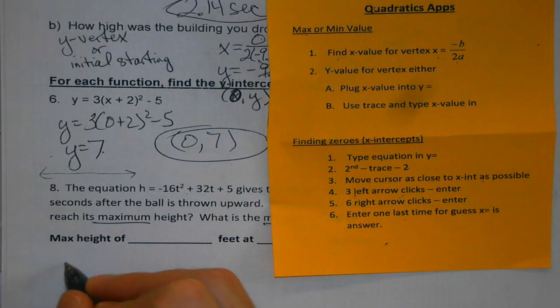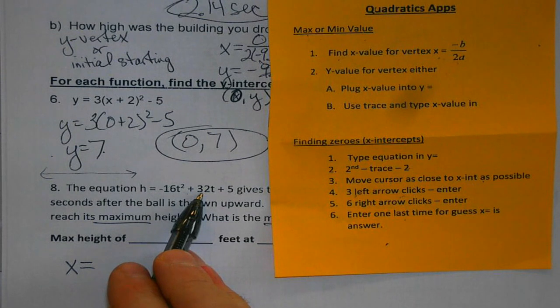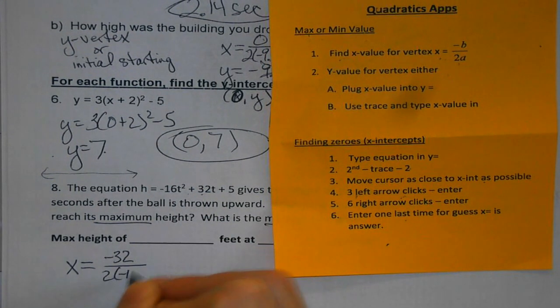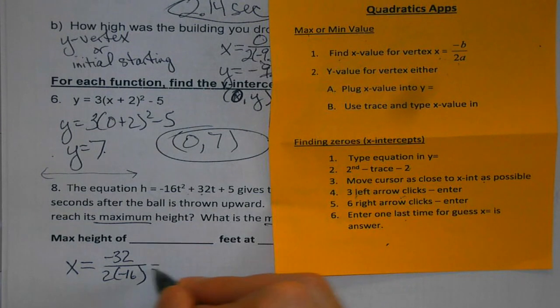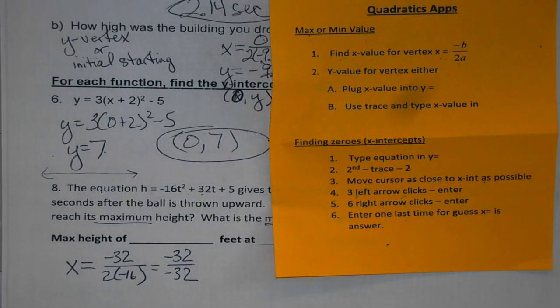X equals, here's my b, opposite of b, over 2a. Again, do the pieces of x separately. Multiply the bottoms together first, then divide.